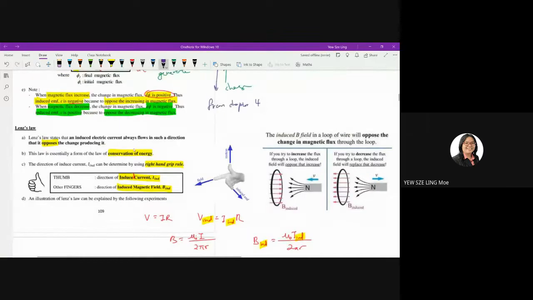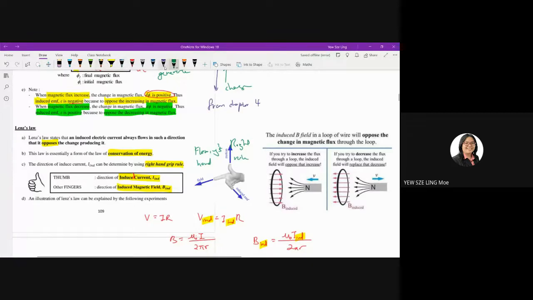All right, so the direction of induced current can be determined by using the right-hand grip rule, or you can use Fleming's right-hand rule to determine the direction of induced EMF.